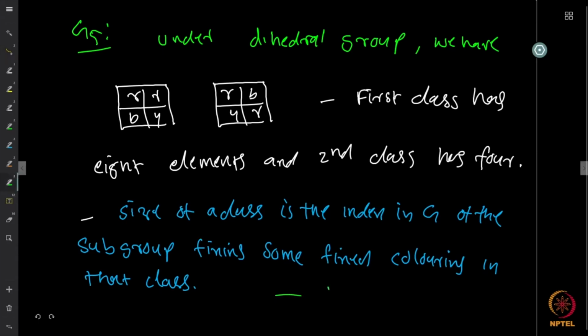So the size of a class is the index of the subgroup fixing some fixed coloring in that class, for any action of a group. This is a property that you can observe.